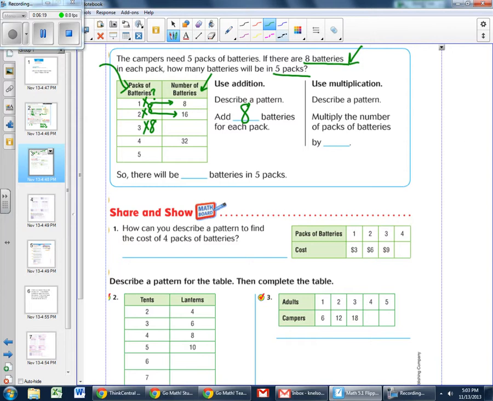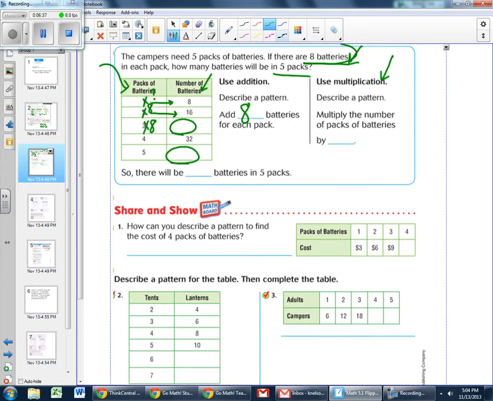Go ahead and finish filling in this table, please, with the correct numbers. As we were saying before, using multiplication, describe a pattern. Multiply the number of packs by how many? How many batteries were in each pack? We're going to multiply it by 8, just like we said we were doing here.